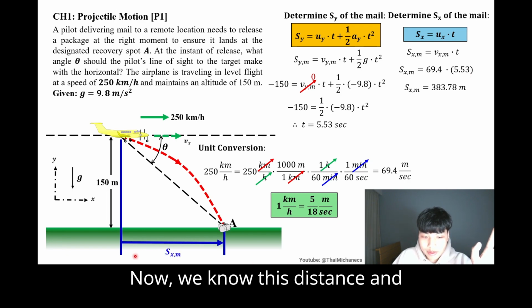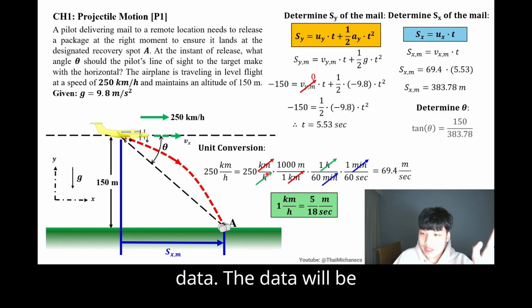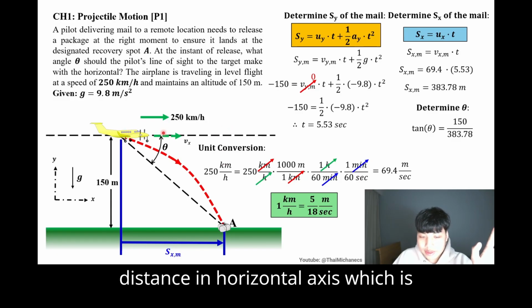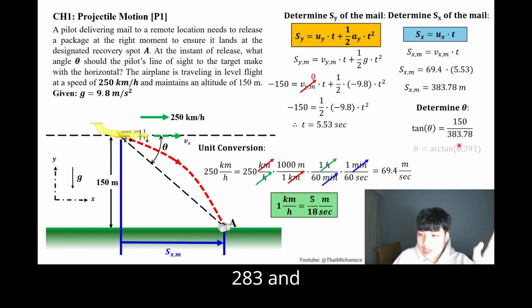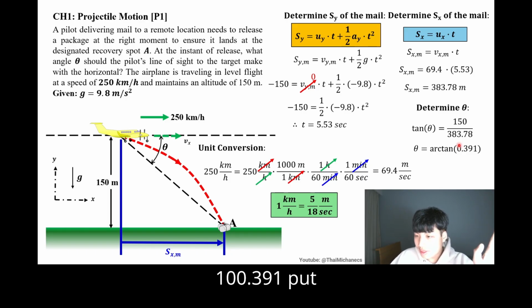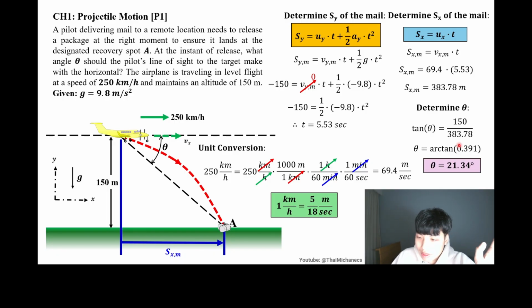Now we know this distance and this vertical distance, so you can easily determine theta. Theta is the arctan of 150 divided by the horizontal distance, 283, which is arctan 0.391. Put on the calculator, it returns around 21.34 degrees.